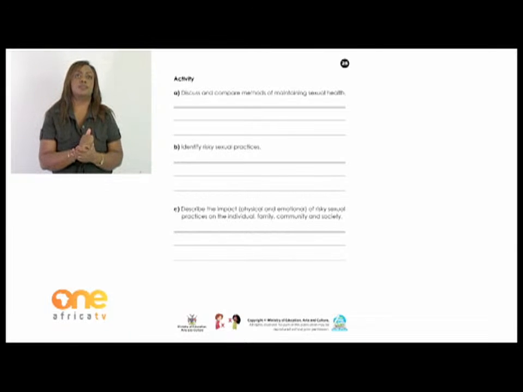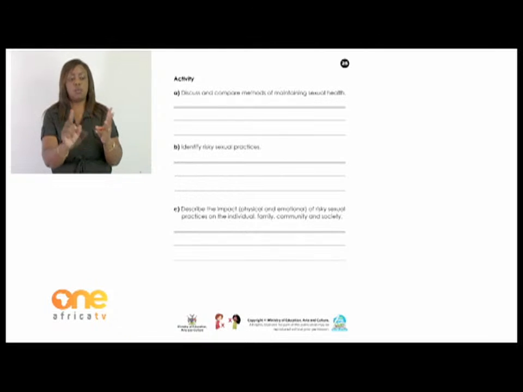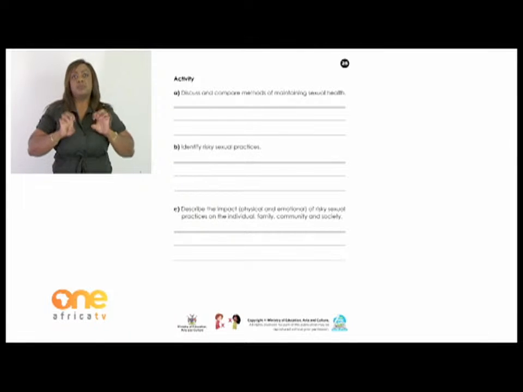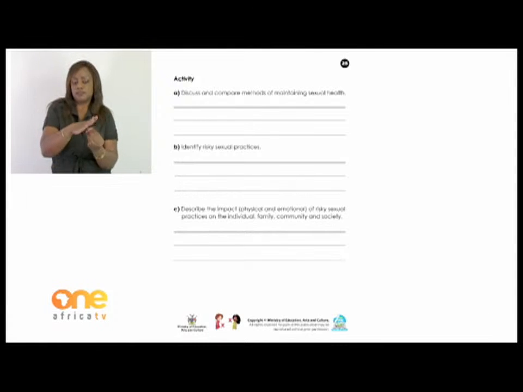Those are 3 methods that I want you to answer there. And B, identify risky sexual practices. C, describe the impact, be it physical and emotional altogether. These are the impacts of risky sexual practices on the individual, on the family, community, and society.